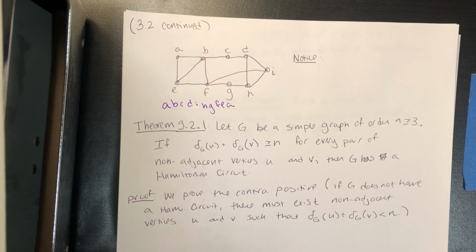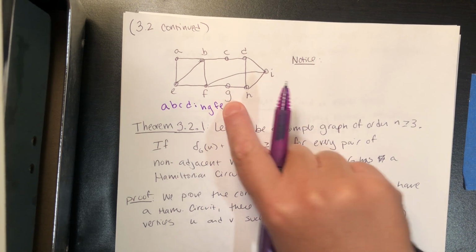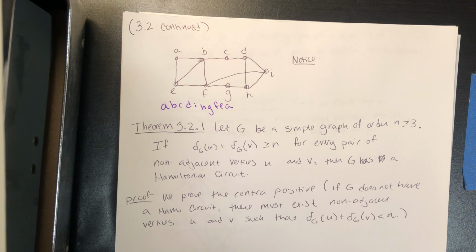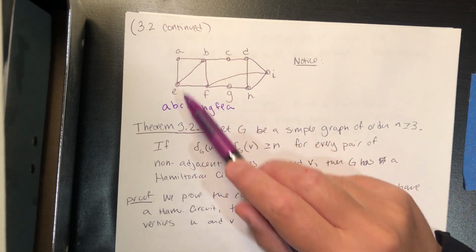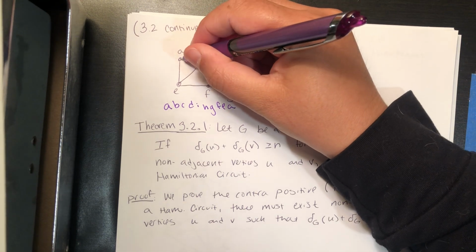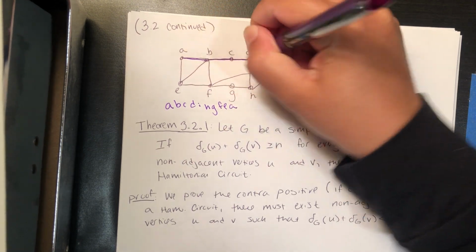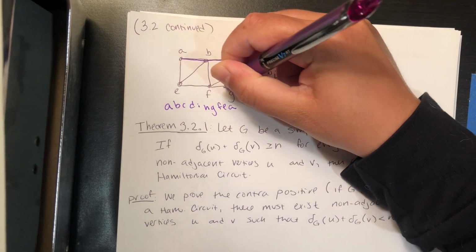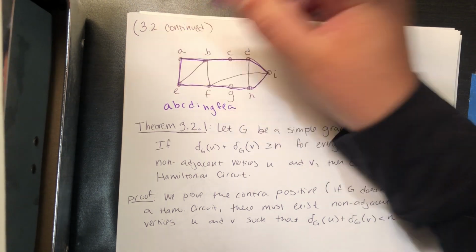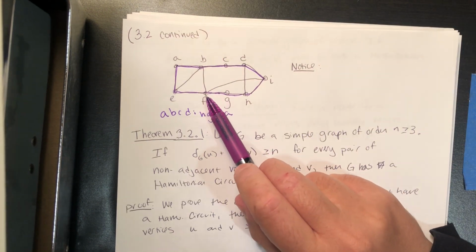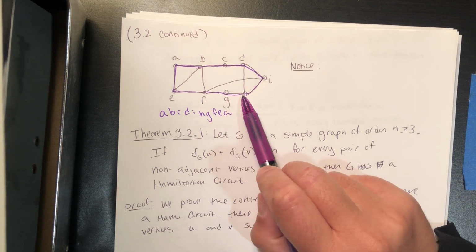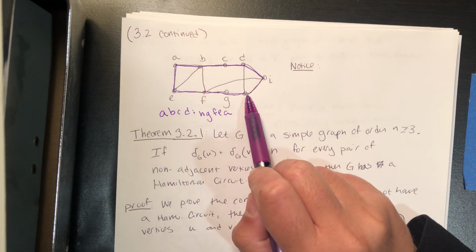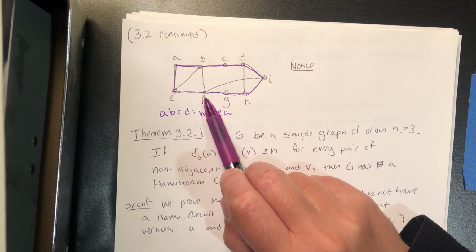If it has a Hamiltonian circuit, it has a Hamiltonian path. Just omit this last part here. And notice that this particular circuit, and there are many others, but this particular example that we have here, for each one of the vertices in the graph, the degree has to be at least 2, because you have to be able to come into that vertex and leave it again.